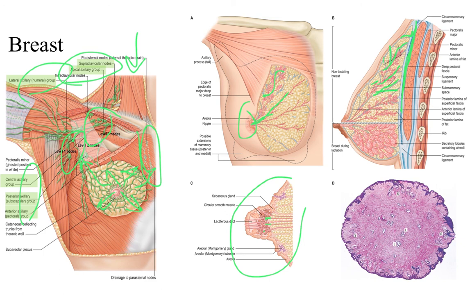So these ligaments are really important for maintaining the shape of the breast and keeping it connected to not only the thoracic wall but also the skin itself. So the breast is a really well developed, well encased organ within the thoracic wall.